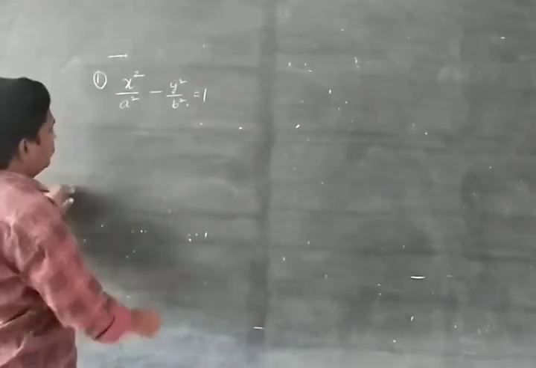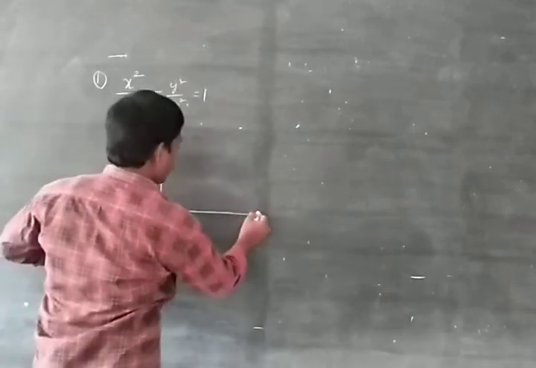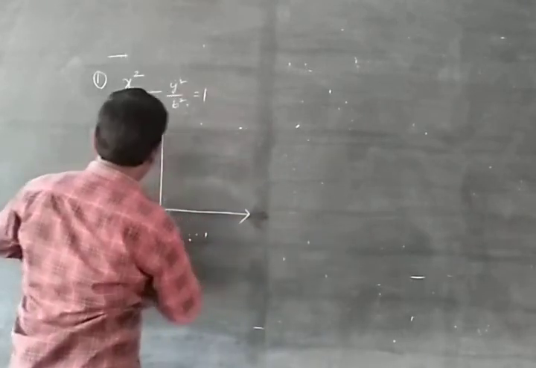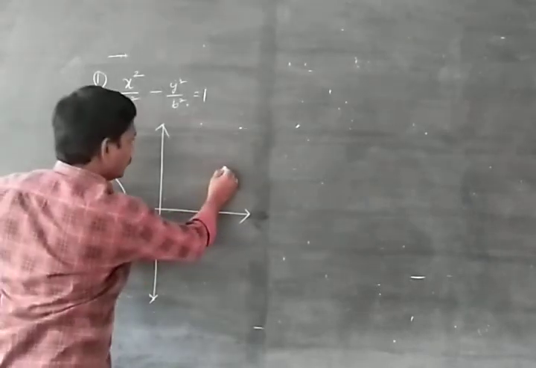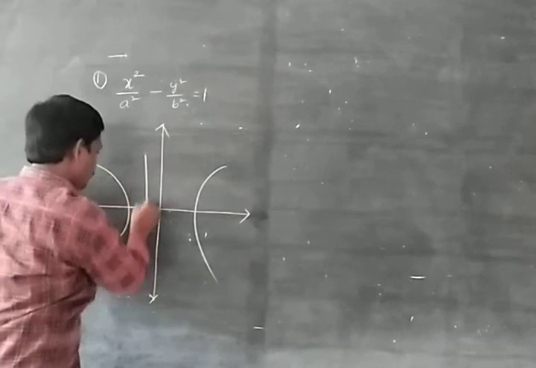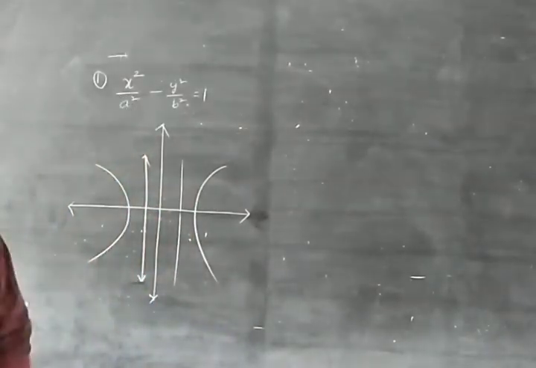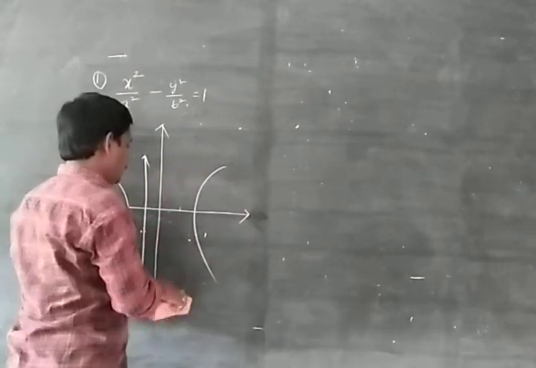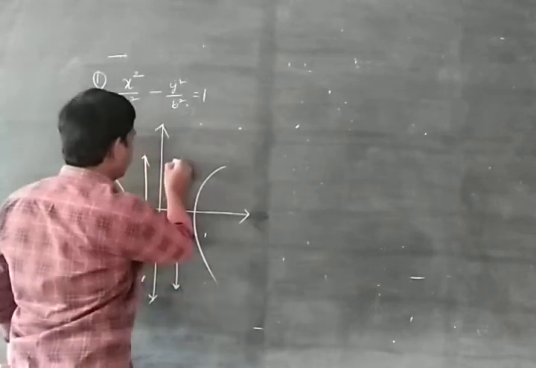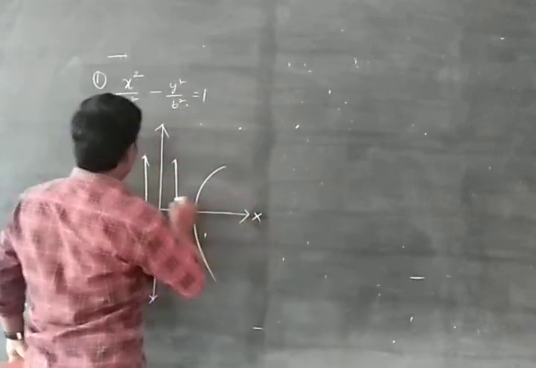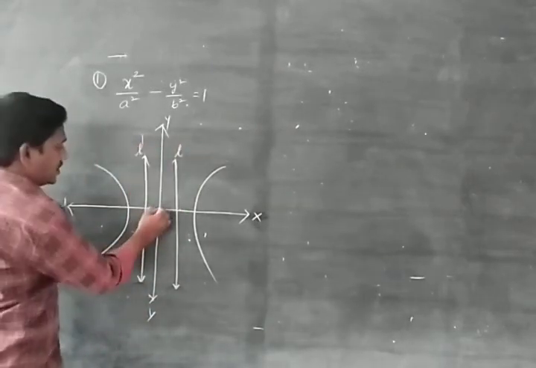Its physical diagram is: this is x dash, y dash, this is the center 0, 0.